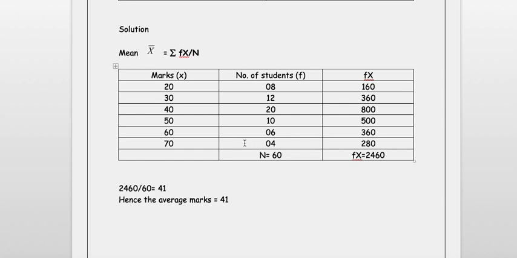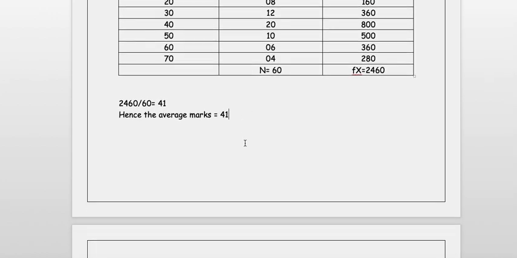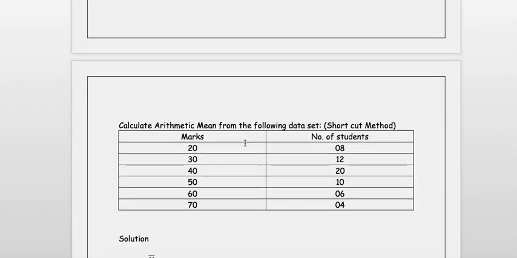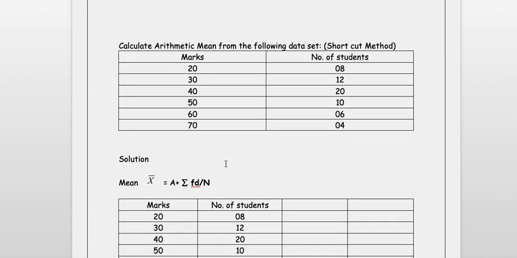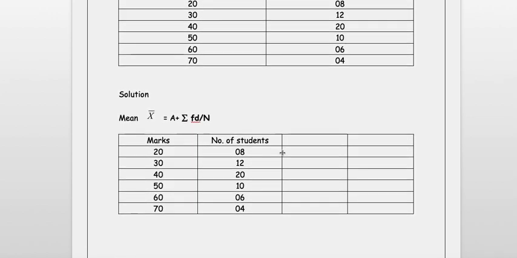Moving on, the same problem we can also figure out in terms of shortcut method. For shortcut method, the formula is a plus summation fd by n. The same problem I have taken, but we will try to figure it out in terms of shortcut method. So what we have to do here is calculate the concept of assume mean.